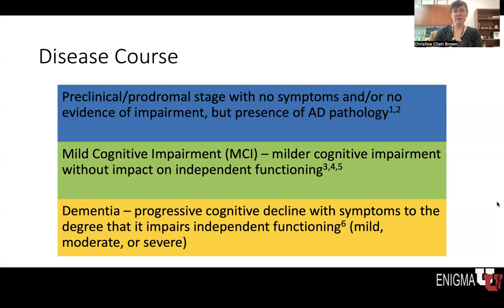If someone is starting to need increasing help, maybe now they can't cook, now they can't manage their medications, they're needing a little more supervision, then we're starting to call it moderate. And then when you get to the severe stage, these are people who have more impairment in the basic activities of daily living, like feeding, bathing, dressing, that sort of stuff.